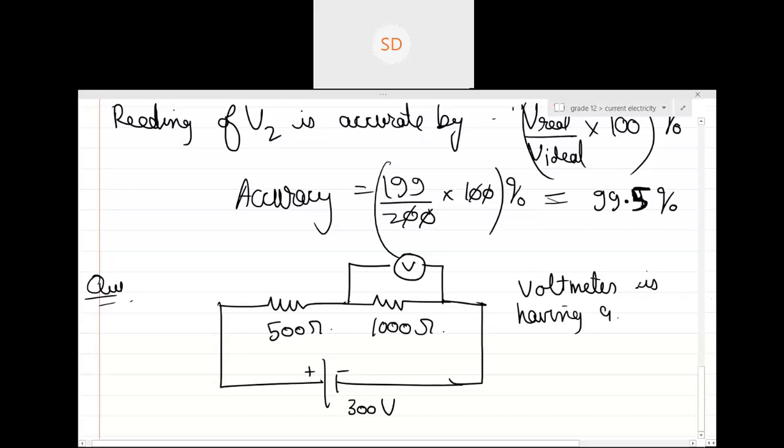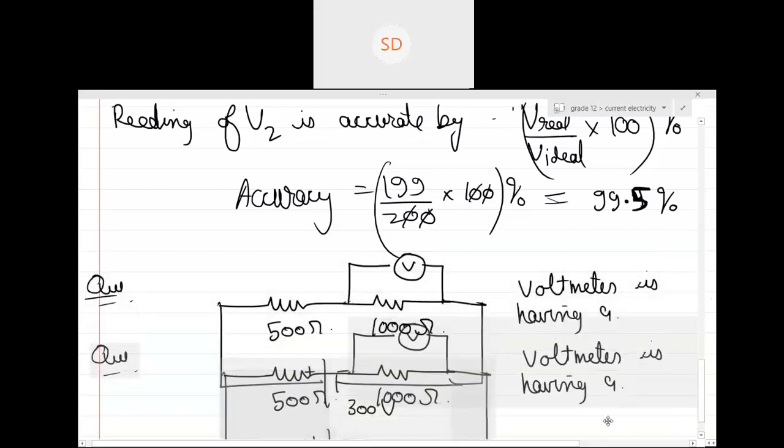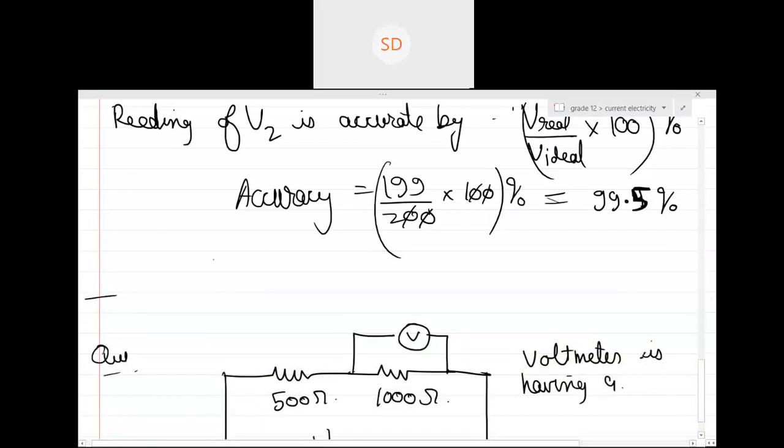By the way, guys, one more thing. If it is 99.5% accurate, then what is the percentage error? 0.5%, right? If it is 99.5% accurate, then percentage error is this much.